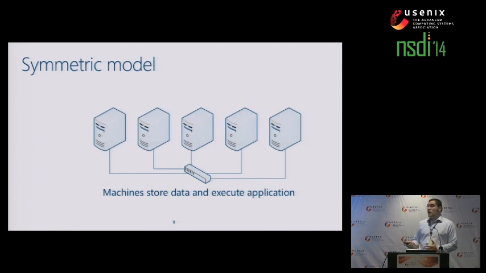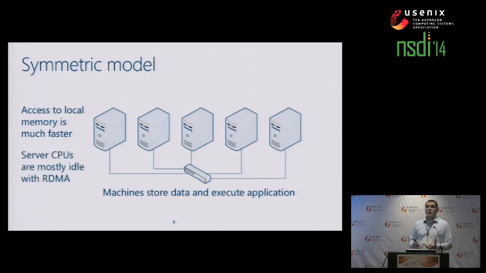In FaRM, we adopt a symmetric model, where applications both store the data and execute the computation. This is slightly different from a traditional model where a number of servers is used to store and serve the data, like a key value store, and other machines are used to run the application code. We go for this symmetric model for two reasons. One is that, as I already told you, access to local memory is much faster, so we would like to collocate the computation and data to exploit this.